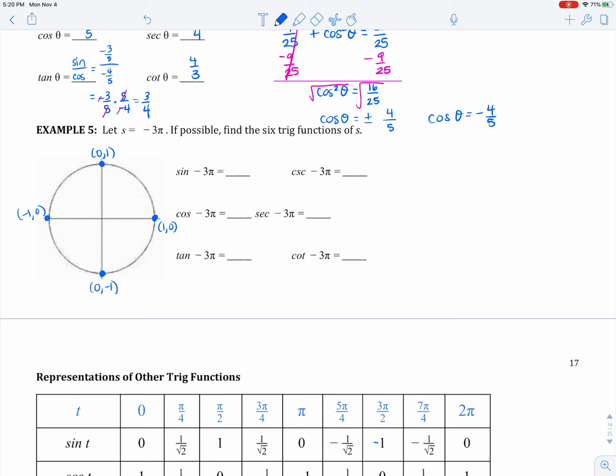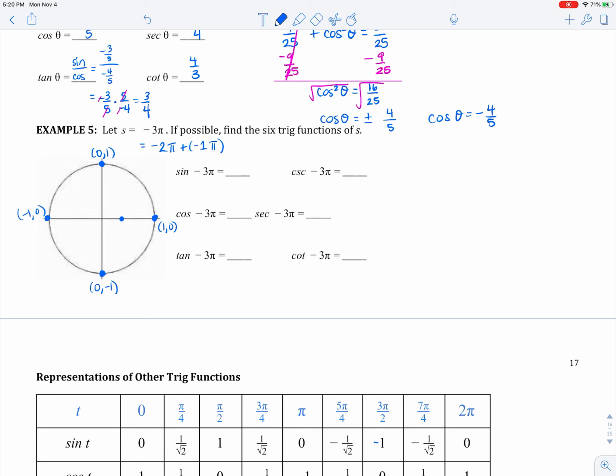So what we need to do is sketch the angle. Where exactly is negative 3 pi? Negative 3 pi is negative 2 pi plus another negative pi. So I need to do a full rotation clockwise plus another half rotation.